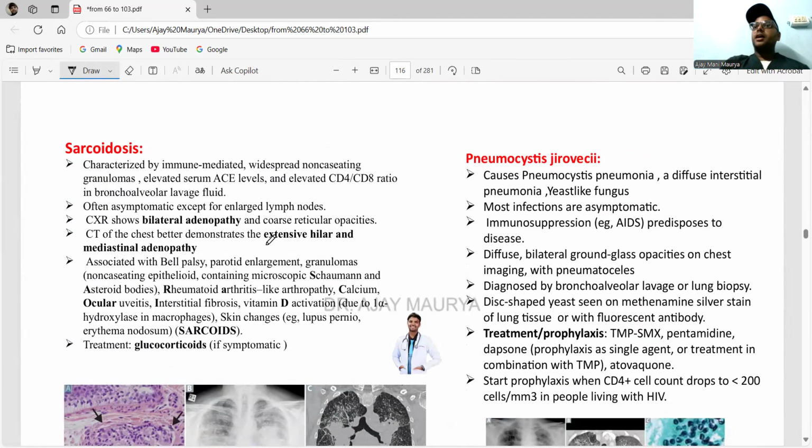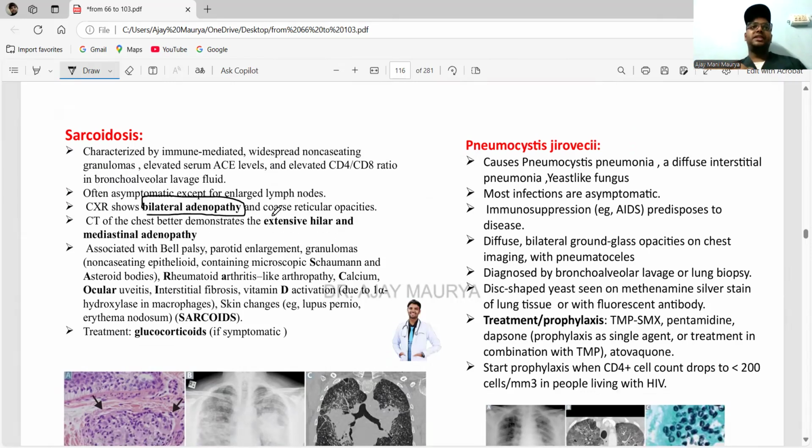Coming to sarcoidosis, from the exam point of view, remember the X-ray shows hilar lymph node adenopathy. CT is the better one, which shows extensive hilar and mediastinal adenopathy.